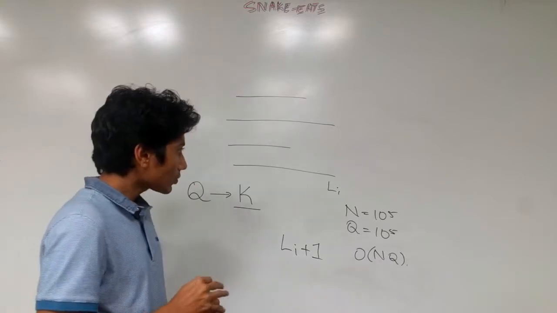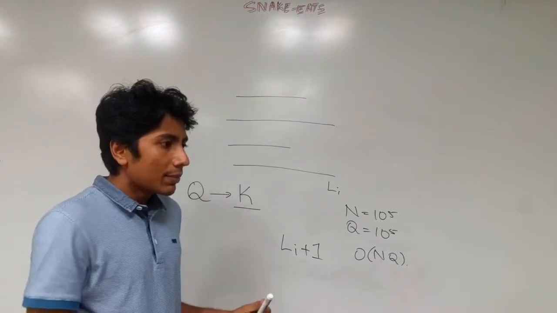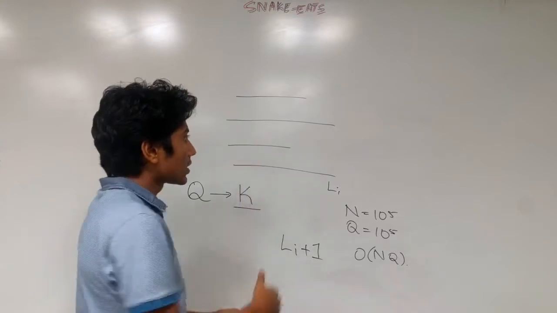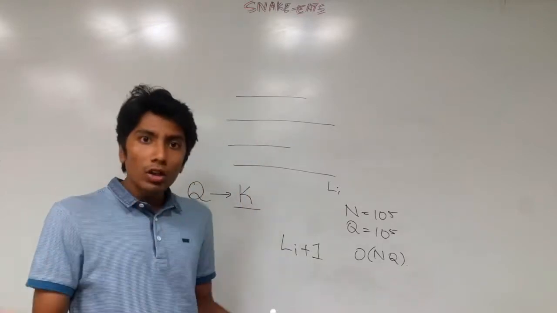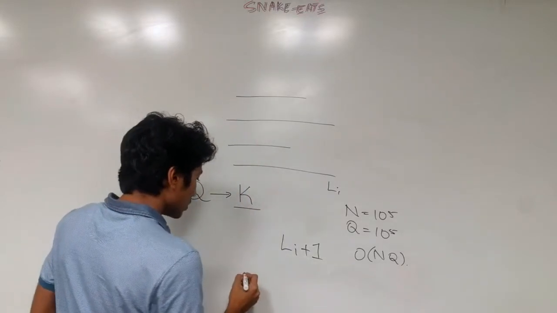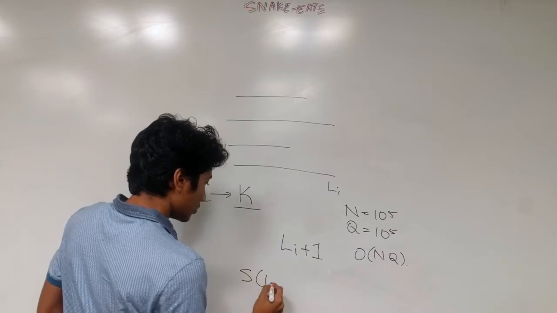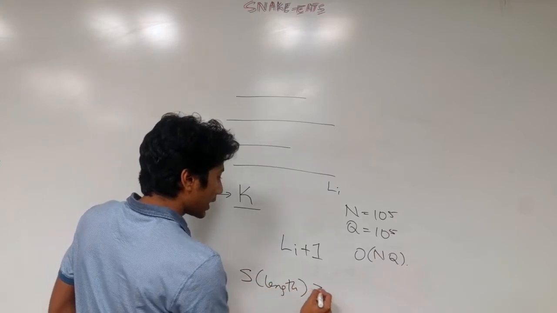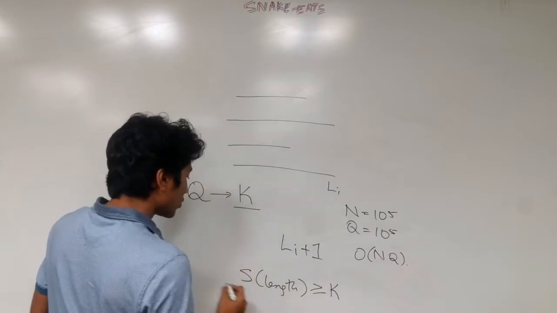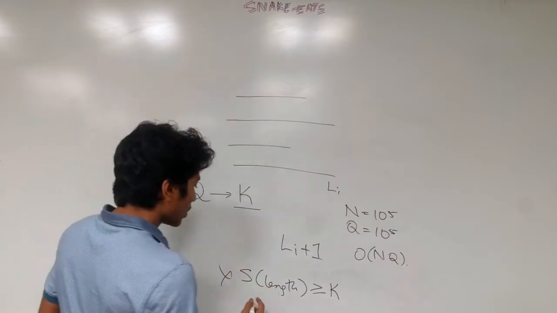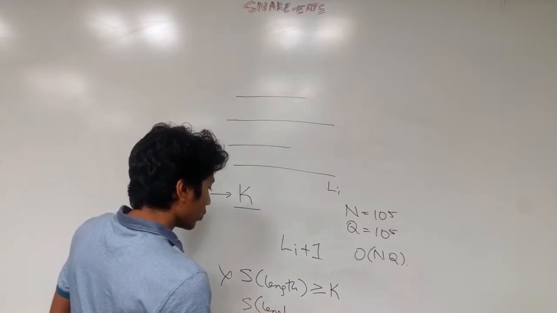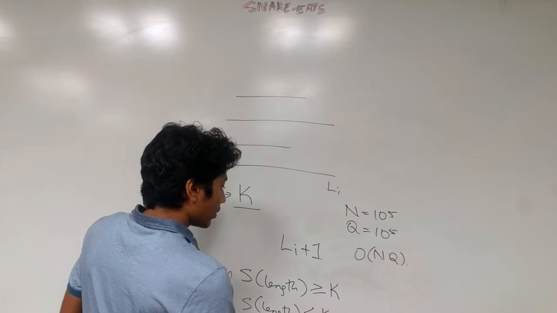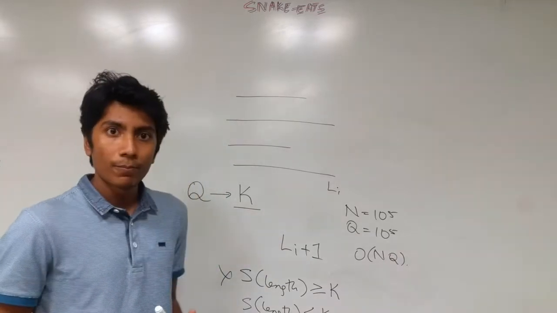That part is taken care of. That means that amongst all the snakes, we'll be removing all the snakes having length greater than or equal to k. These will be removed, and the only ones that you're actually working with have length less than k.